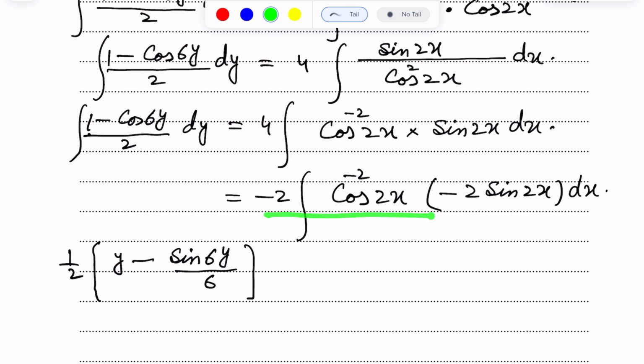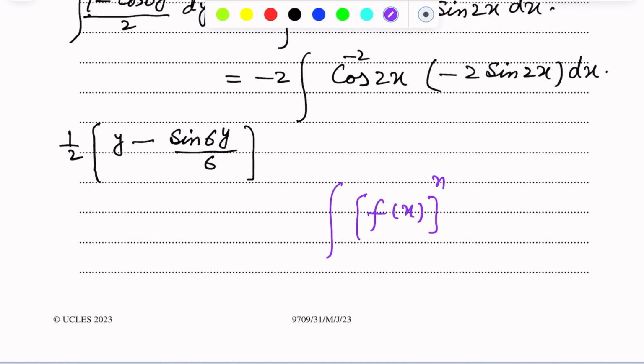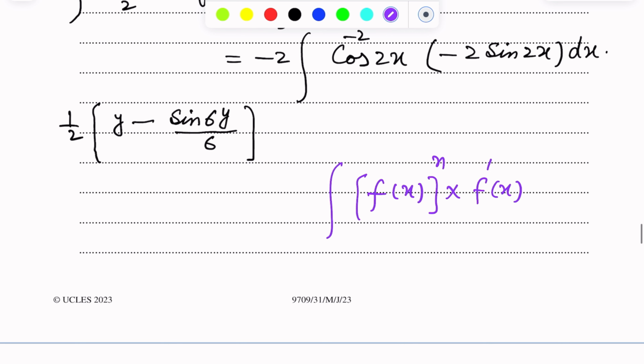On the right hand side, the function is this. Now we will use that formula. Again, I am writing here the general formula: f(x) power n multiplied by the derivative f dash x. Integration of this will be 1 is added in the power and the same is in the denominator.